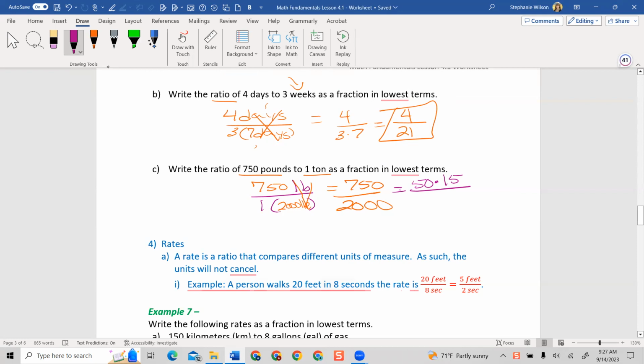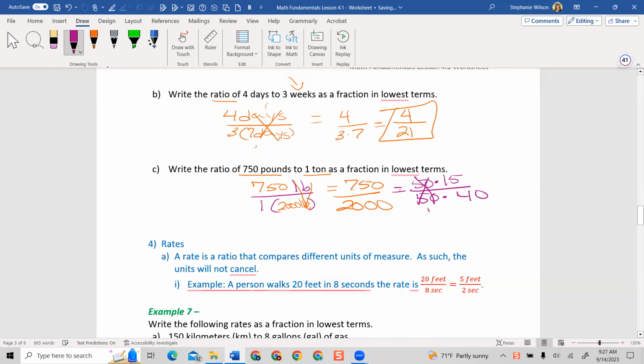I said 200, my apologies. There are 20 sets of 100. Because there are 2 50s in every 100, if there's 20 of them, then that means it's 40. However, if you need to do long division, I encourage that.